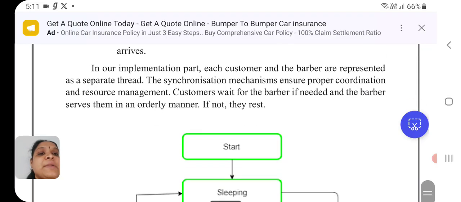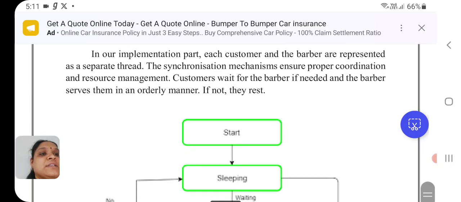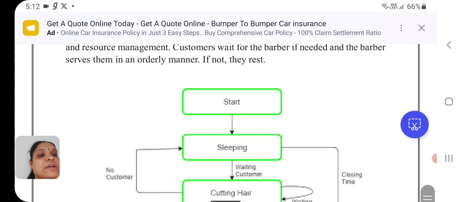In the implementation part, each customer and the barber are represented as a separate thread. This synchronization mechanism ensures proper coordination and resource management. Customers wait for the barber if needed, and the barber serves them in an orderly manner. If not, they have to leave.